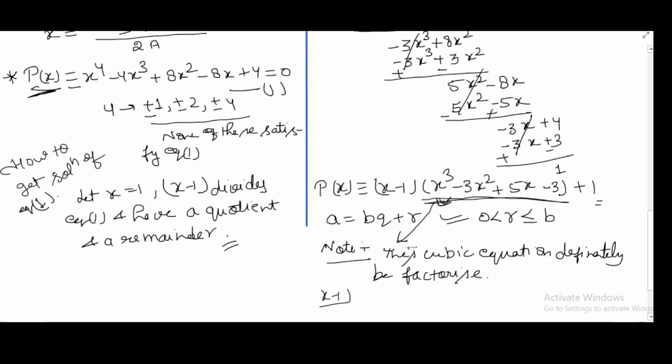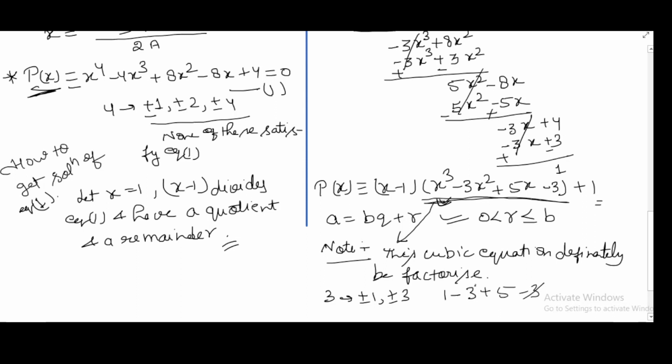How to check it? The procedure is again the same. We have to check this constant 3. Its factors are plus minus 1, plus minus 3. So here x equal to 1 will satisfy this. How to check? The cube of 1 will be 1 minus 3, the square of 1 will be 1, plus 5 and then minus 3.